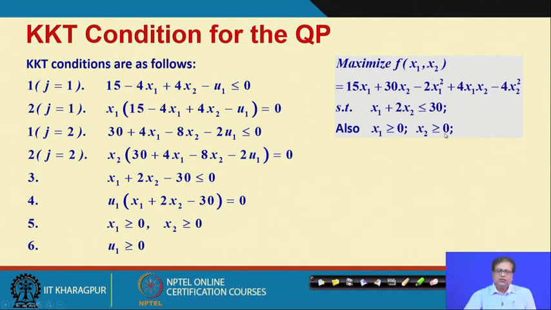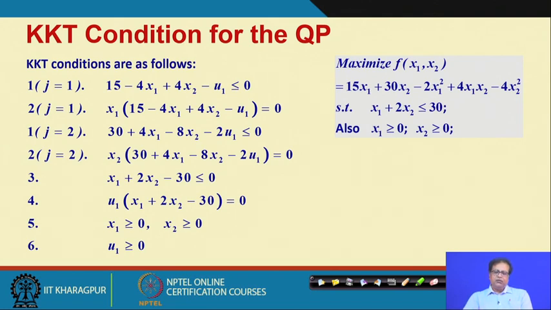So, if it is a problem of minimization, we have to make it a maximization problem. How? Minimize f x is actually maximize minus f x. Suppose the constraints are not less than equal to 30, suppose greater than equal to 30, then you can multiply both sides by minus and make it less than equal to 30.